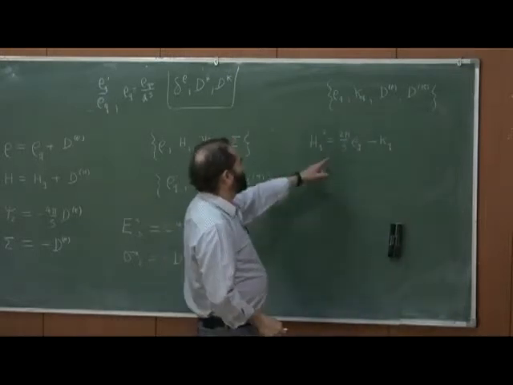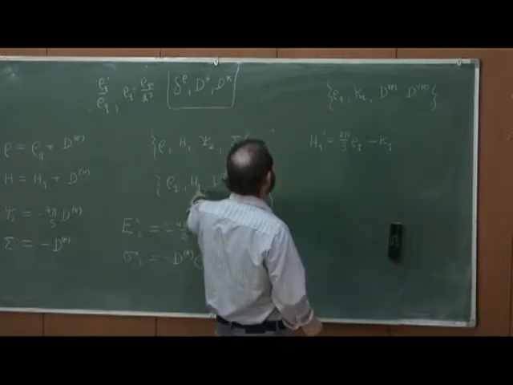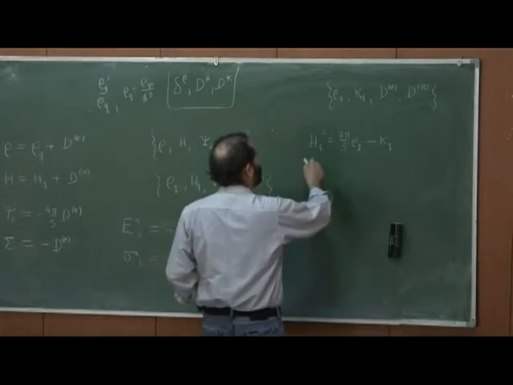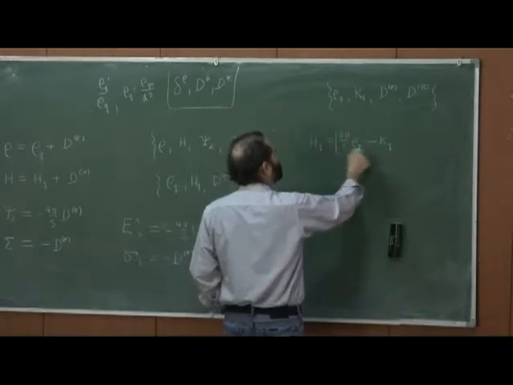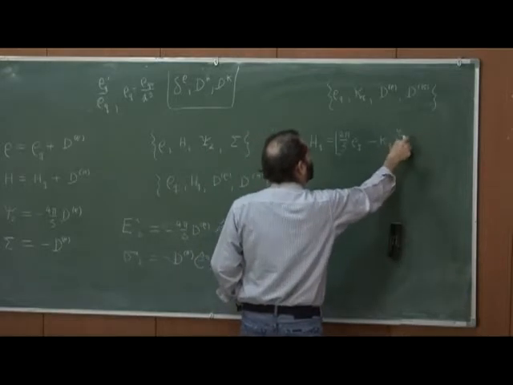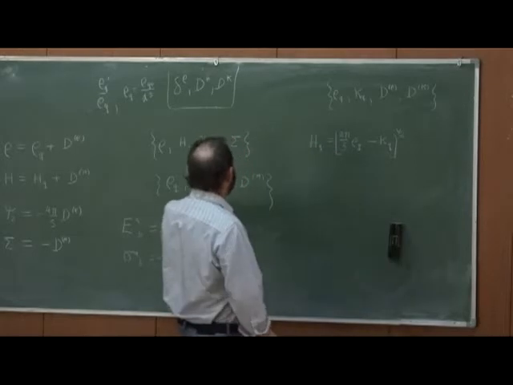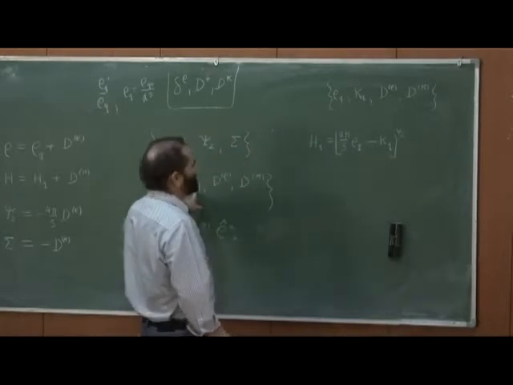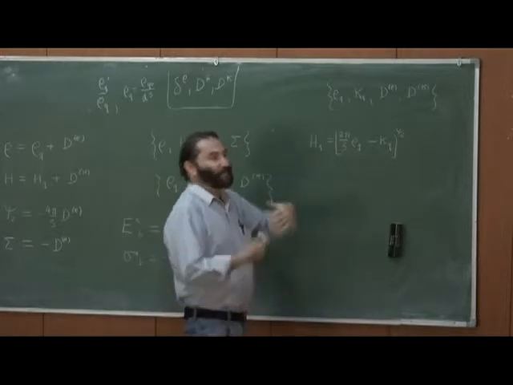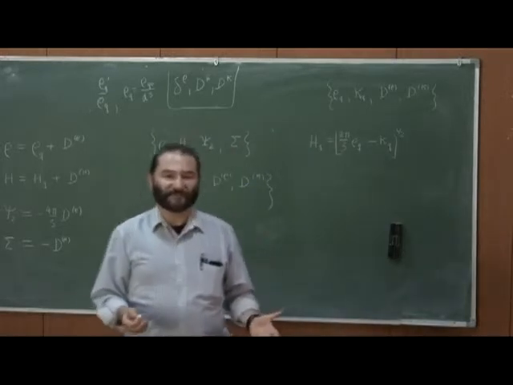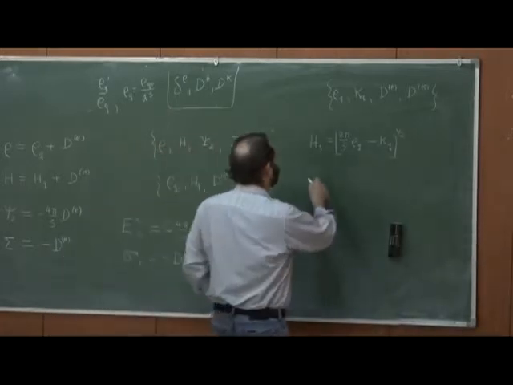So see, you can always eliminate h from here. You can say, well, h, if I substitute h, and then what I'm saying is that here you have rho and h. But if you replace h by this, then you have rho and k. And you also have this formula.